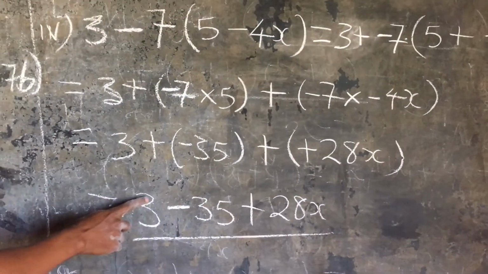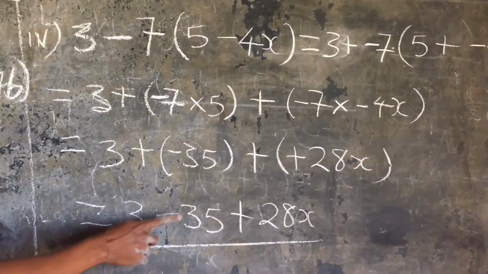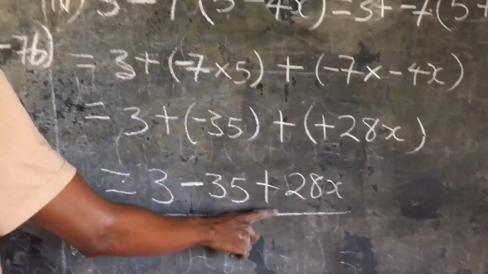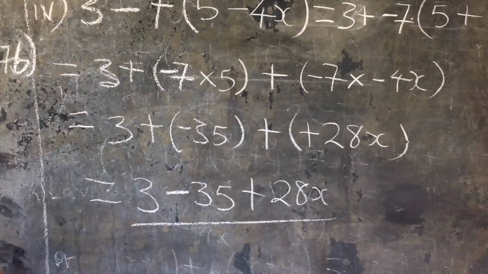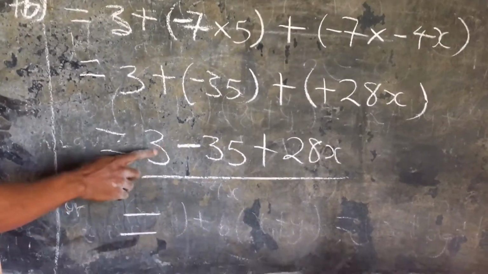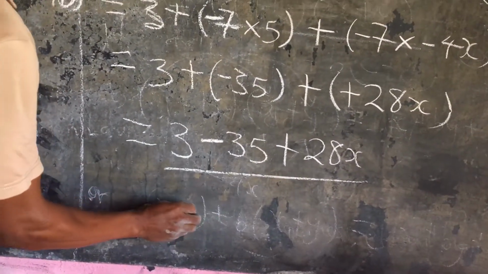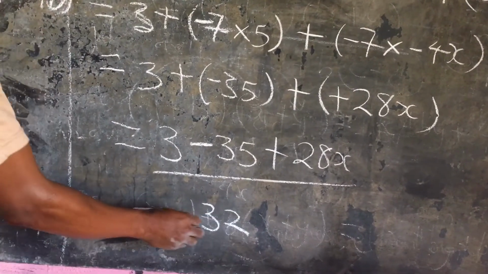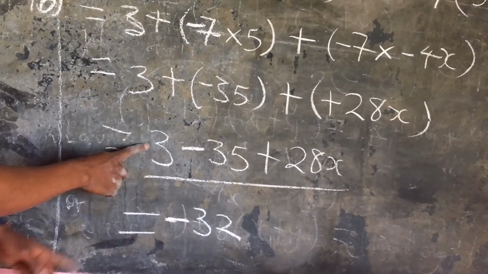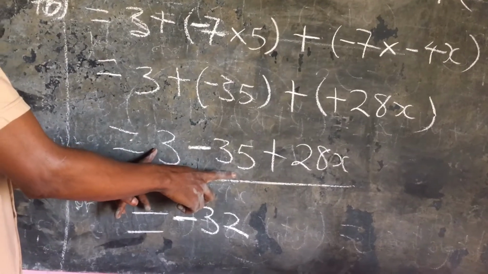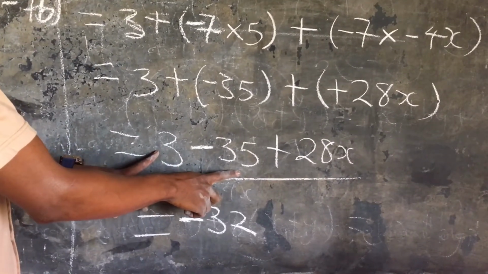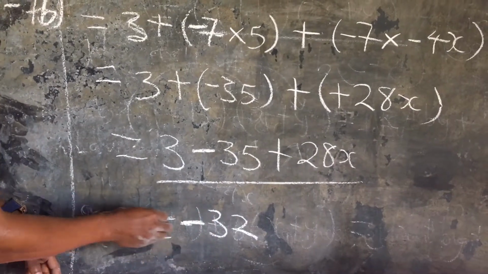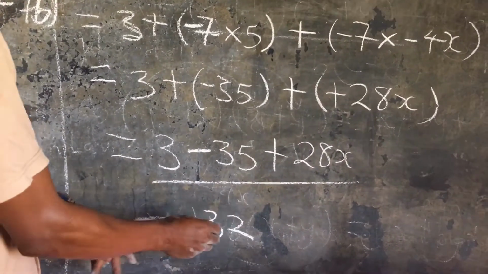Therefore, I will get 3 minus 35 plus 28x. If I evaluate that, 3 minus 35 will give me minus 32. You have 3 naira and you want to borrow 35 naira, so you owe 32 naira.